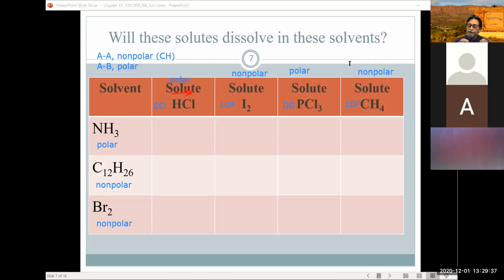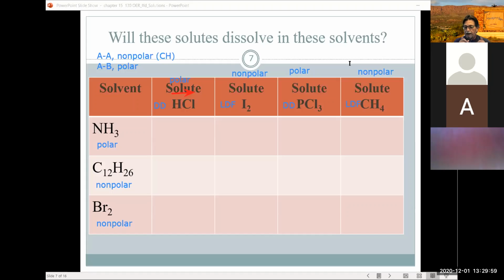To answer that, ask yourself, of those forces, which is the weakest. The order of strength, the strongest force was the hydrogen bridging force. Next came the dipole, and the weakest was the London dispersion force.